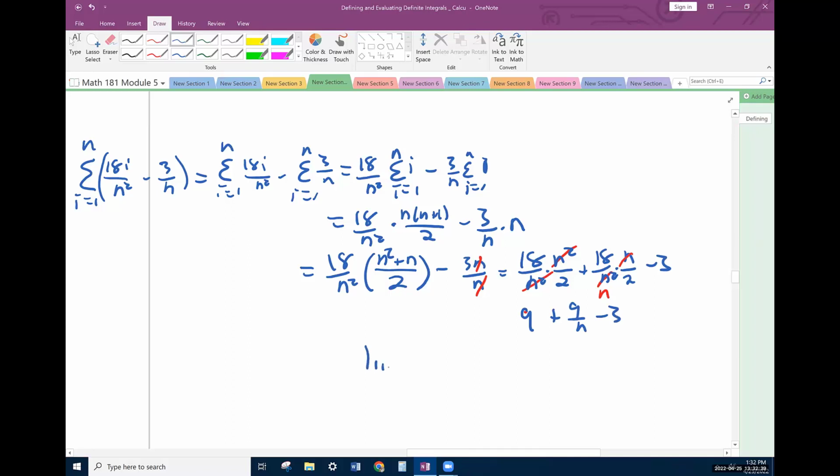So if we take the limit as n goes to infinity of this, what's 9 minus 3? 6 plus 9 over n. It's going to be 6 plus 9 over infinity, which is 6 plus 0, which is 6.